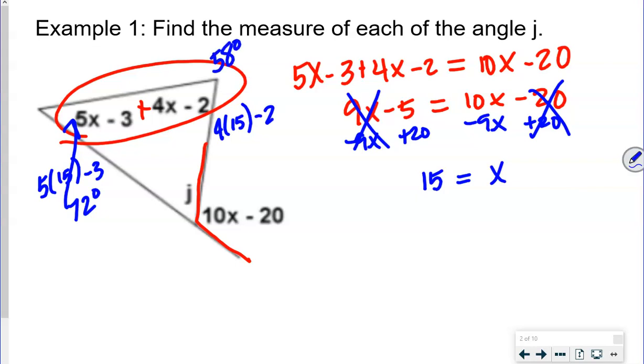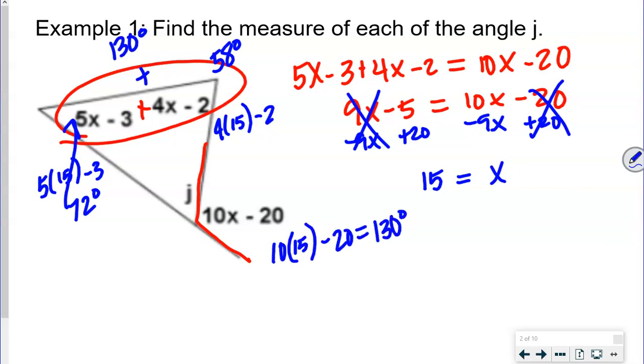Now, when we add those two together, 72 plus 58, we should get what that exterior angle is, right? So we should get 130. If we were to add these two together, we get 130. So that is what we should be getting for that exterior angle. So now if we do 10 times 15, that's 150 minus 20. Yep, that's 130, all right.